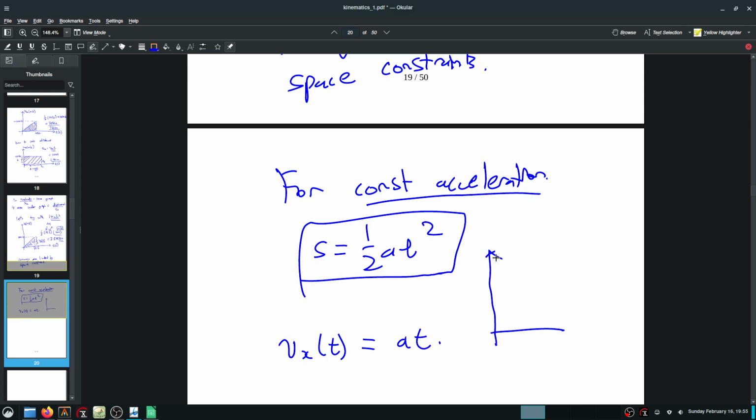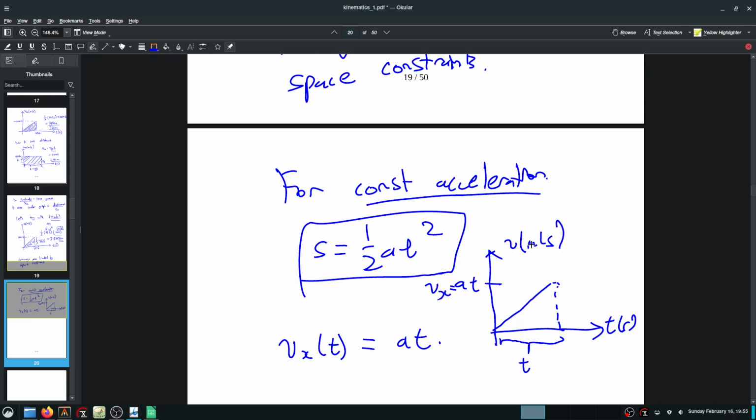Okay, so if I again draw your graph here, if you have constant acceleration, this will be acceleration times time. Then what's the time here? The time here is this base. This is Vx equals AT if you have constant acceleration.